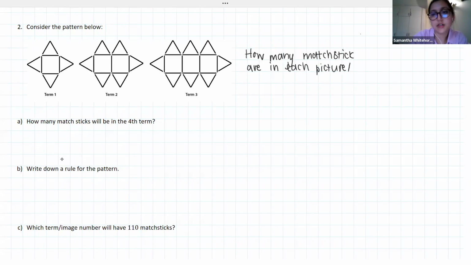I'm saying each picture, they say terms, but this would be picture 1, picture 2, picture 3. You can call it term 1, term 2, term 3. It honestly makes no difference. That is the first question I want you to answer. So ignore the other 3 questions. I want you to tell me how many matchsticks are in each picture that I've given you.